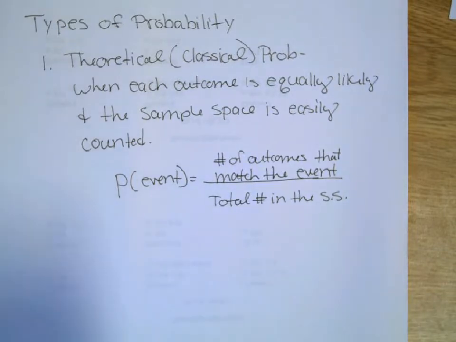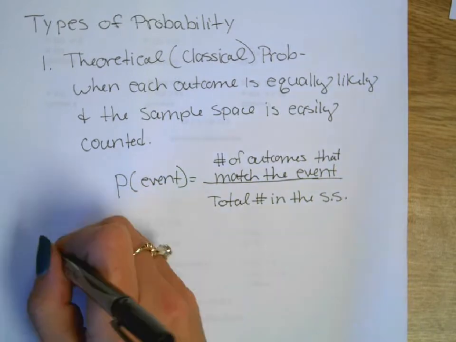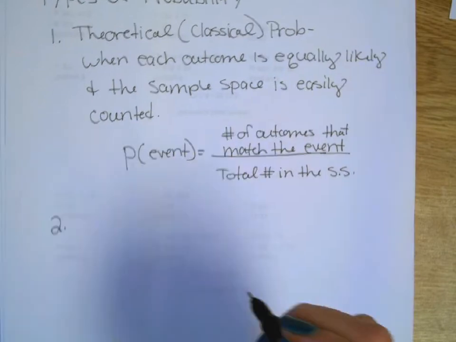Okay, another kind of probability that we're going to be using, and we saw on the SAT when they gave us all those tables of information, all broken up, that's experimental or empirical probability. So it's based off of gathered data.